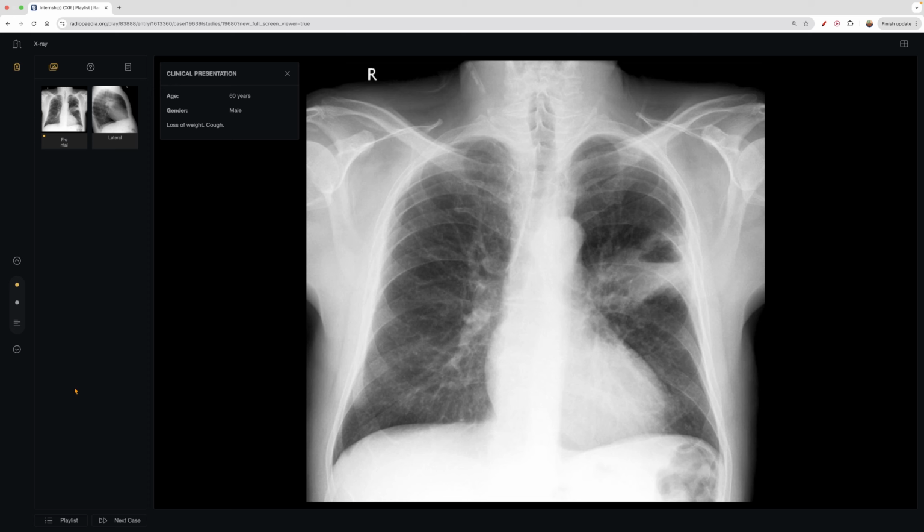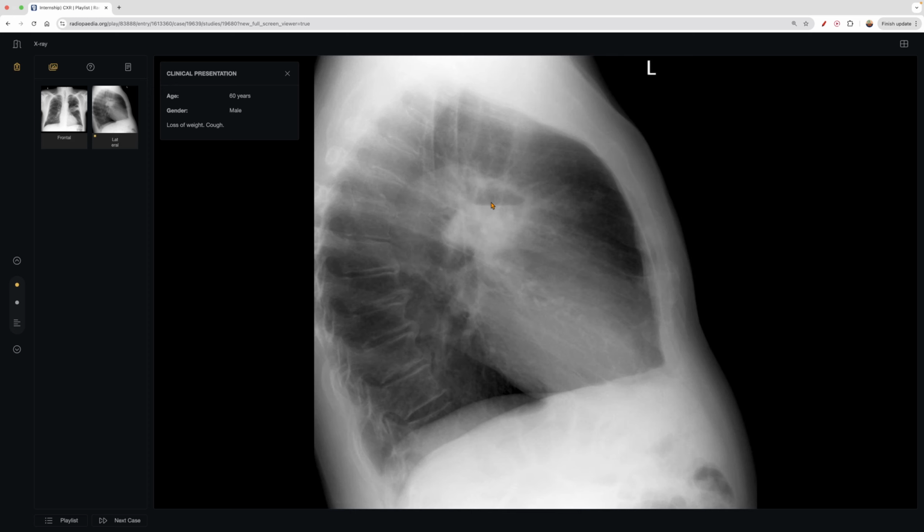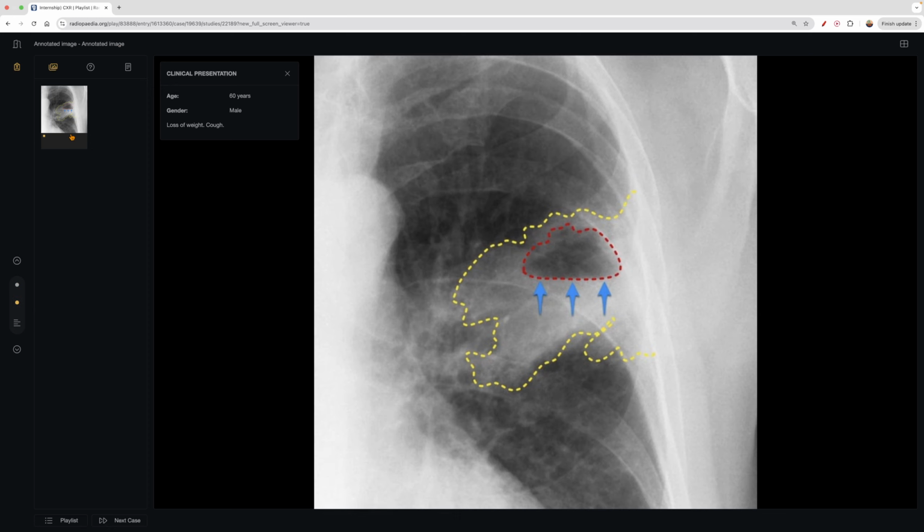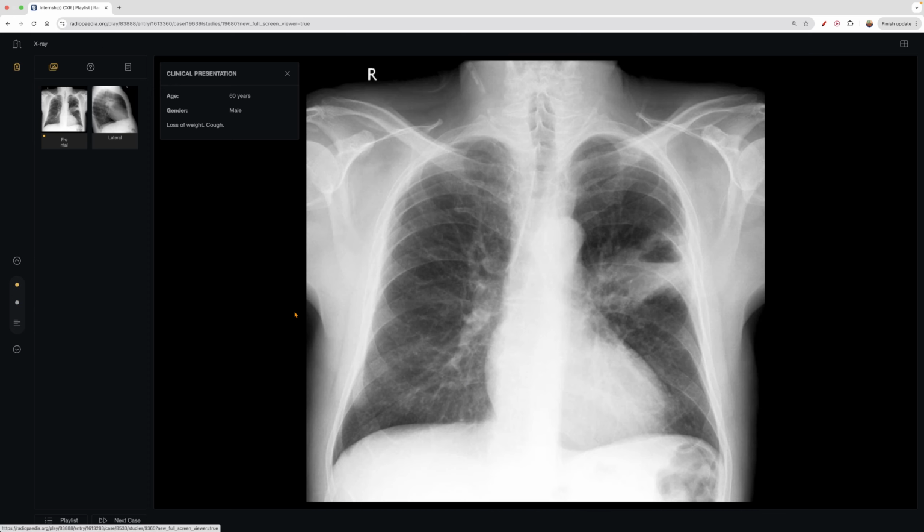So for this patient, let's see the lateral, and you can see where it locates. Let's see what the next image shows. This ended up being biopsied, and it was a cavitating lung cancer.